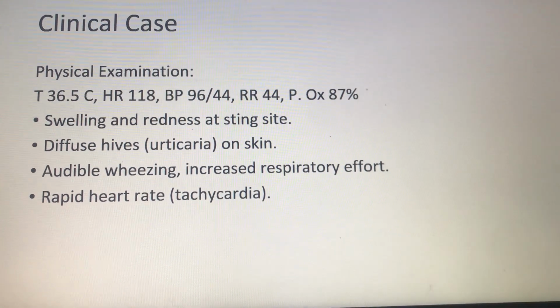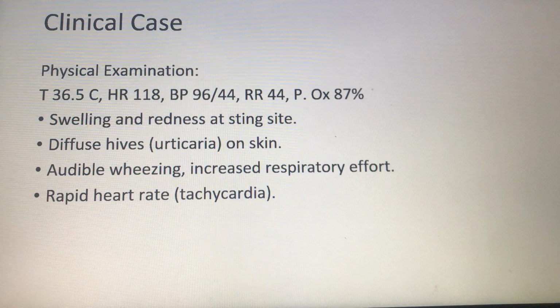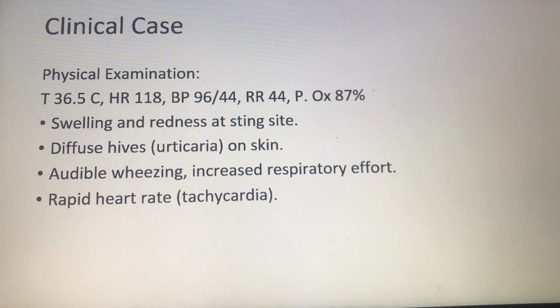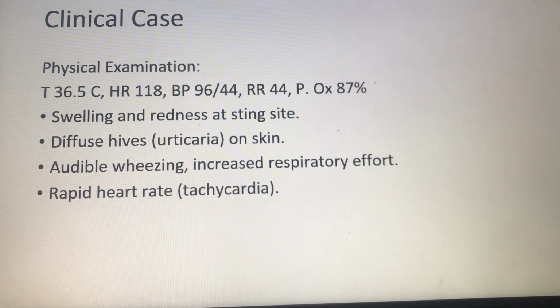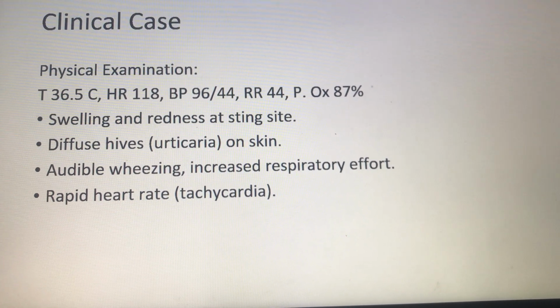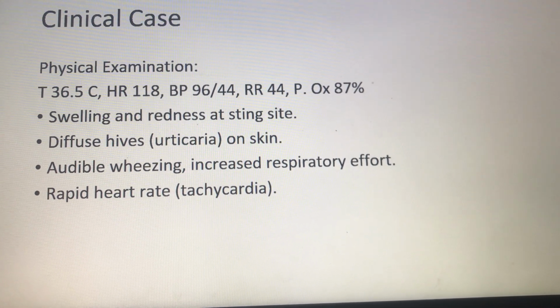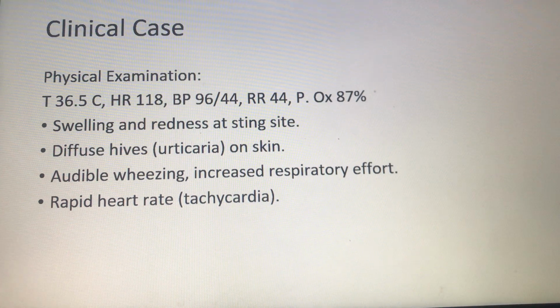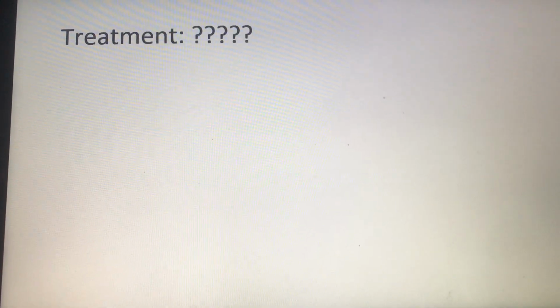Physical exam at presentation: temperature of 36.5 degrees, heart rate of 118, BP of 96/44, respiratory rate of 44, oxygen saturation of 87%. Hand swelling and redness at the sting site, diffuse hives on the skin. There was audible wheeze on auscultation and a rapid heart rate, which is tachycardia.